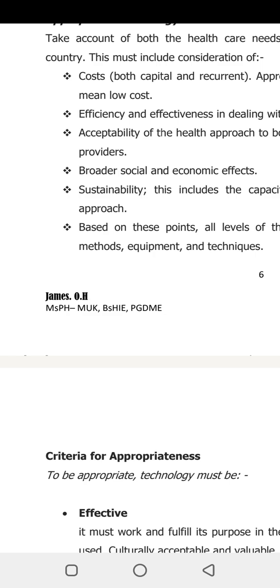Even without the experts, if it's a borehole and there is a breakdown in the system, the community members themselves should have the capacity to maintain it.